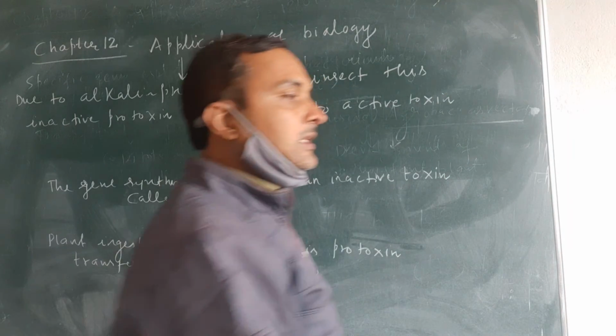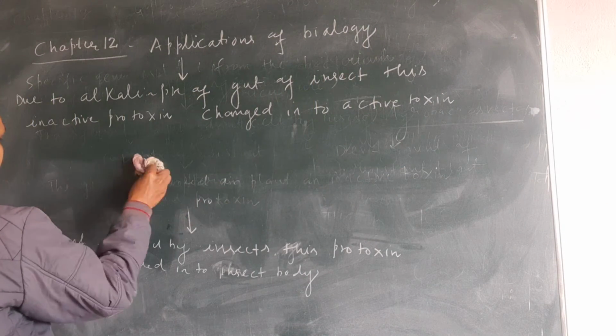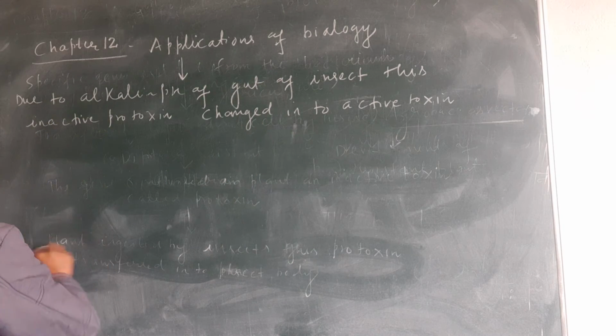Now this active toxin binds to the epithelial cells of the midgut, and that creates perforations in the epithelial cells, and finally the insect will die.